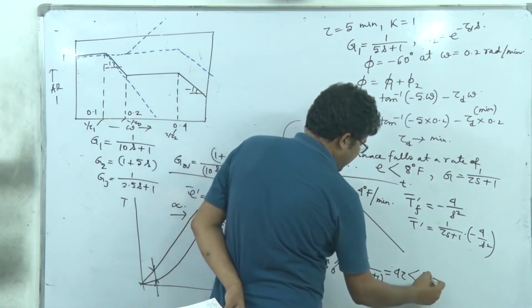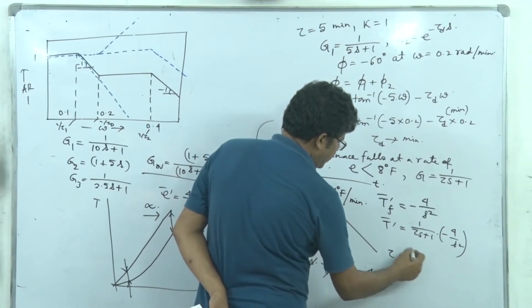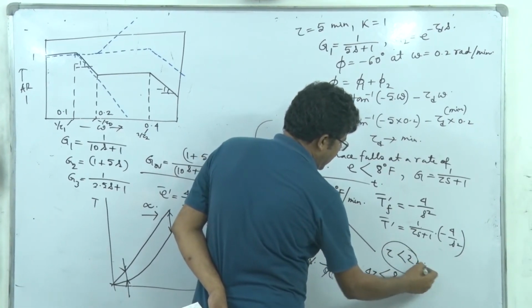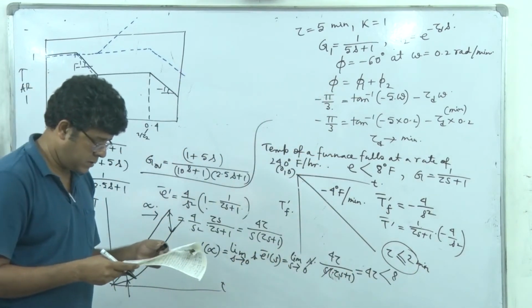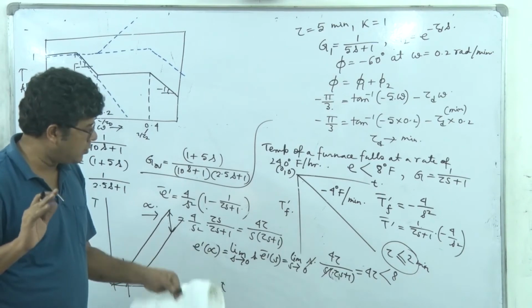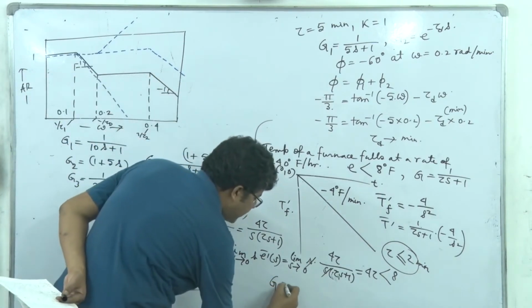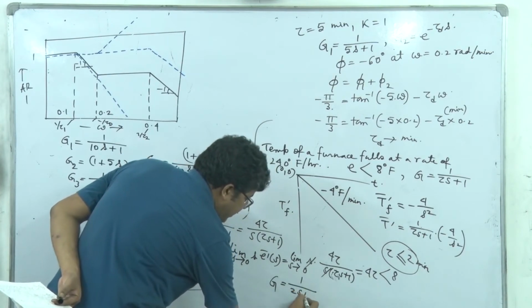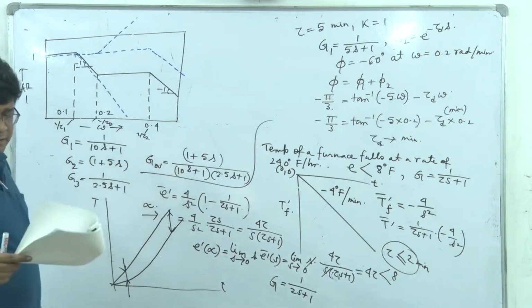And 4 tau should be less than 8, so tau should be less than or equal to 2 minutes. So if I think that, okay, we will go for a marginal value of 2, so the transfer function of the sensor becomes 1 divided by 2S plus 1. That is the answer.